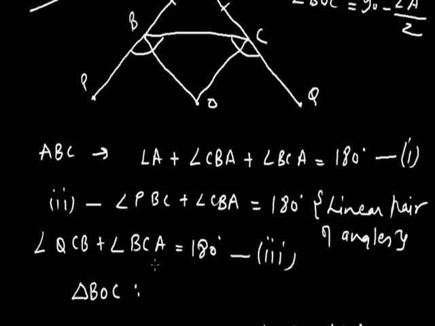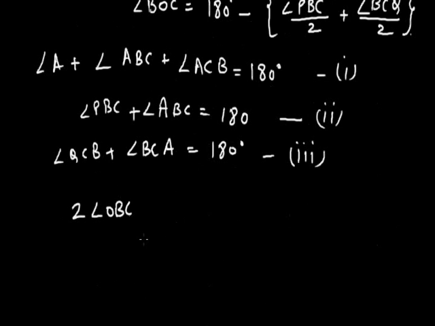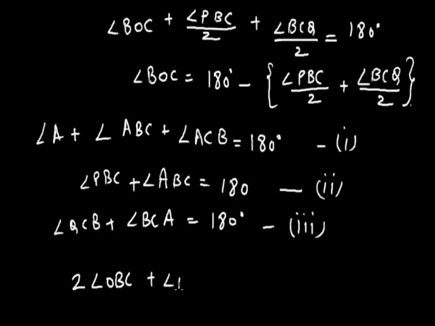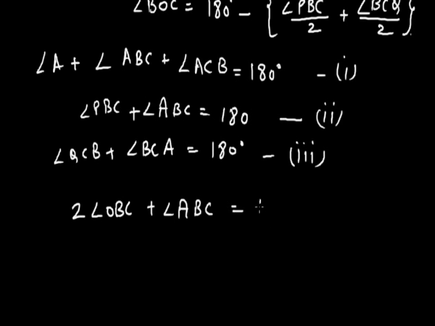Those two parts are equal. So I can write angle PBC as twice of angle OBC in equation number 2, and writing angle ABC as it is, their sum is 180 degrees.